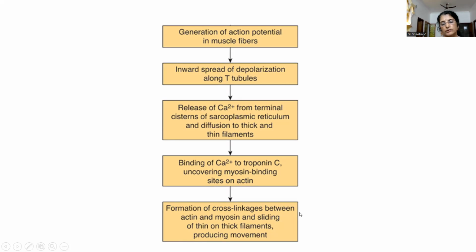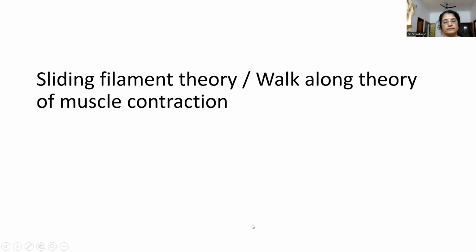During this time, myosin cross-bridge active sites are uncovered. At this time, myosin cross-bridges are ready to bind to the active site with one molecule of ATP. Then the myosin cross-bridge binds to the active site, producing movement, the sliding of the myosin cross-bridge on the active sites of actin.